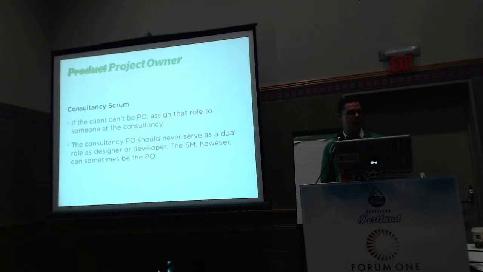There is a little bit of tension there, so you have to set that expectation with the team that, boy, we really try to get the client to be involved and be an active PO, but nobody can do it, or they thought they could, but they don't have enough time, or they just balked at the idea. So we're going to have this really great business analysis and Scrum Master person also be this role. It depends entirely on your team, the project, and the personality of the client.